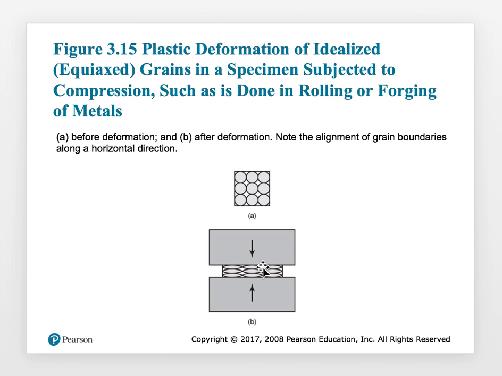And you will also see that these sets of rows of atoms are all aligned in one direction. And suppose you took a set of rollers and you push this block through that, they will all tend to align in the direction of the rolling.